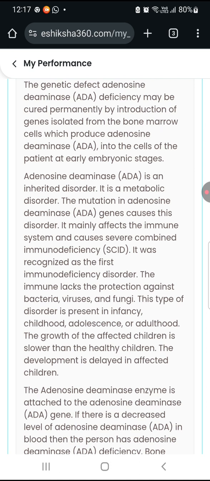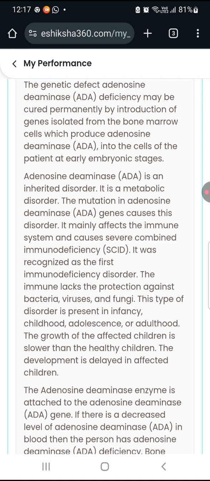immunodeficiency disorder. The immune system lacks protection against bacteria, viruses, and fungi. This type of disorder is present in infancy, childhood, adolescence, or adulthood. The growth of the affected children is slower than healthy children.